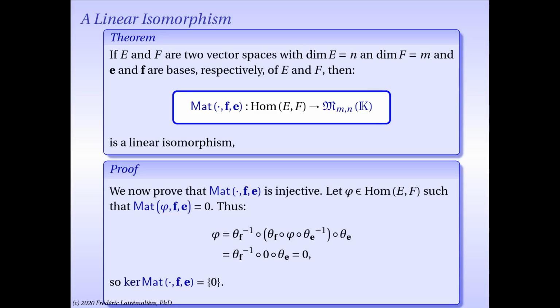Then, phi is the composition of the inverse of theta sub bold F with a 0 function composed with theta sub bold E. Of course, this is again the 0 function. Therefore, the kernel of the map which sends a linear map from E to F to its matrix in the ordered basis bold E and bold F is the singleton 0, and thus this map is indeed a linear injection.